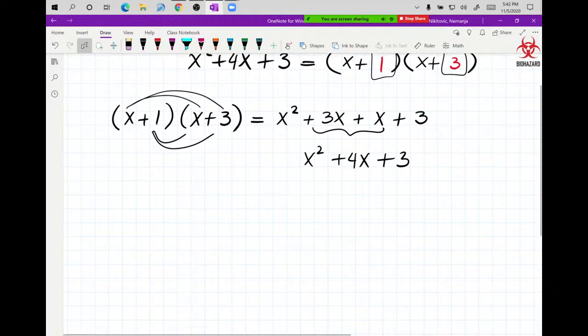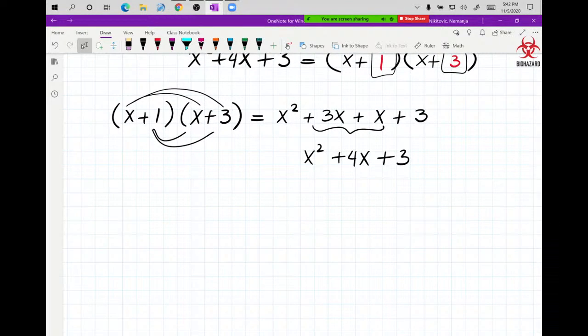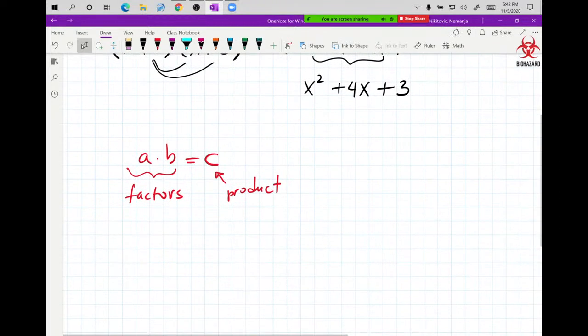What I said in a previous class is that when you have a times b equals c, these guys are called factors, and this guy over here is called a product. The same thing goes for these.